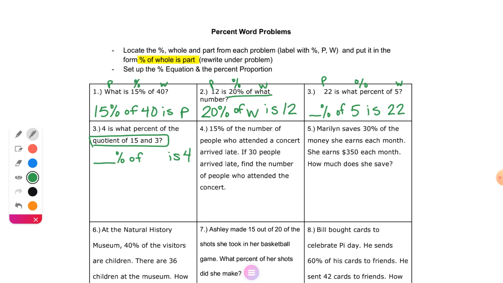Couple different things we can have here. Leah, if I said, what's the quotient of 15 and 3? What would you say? What's 15 divided by 3? 5. You could have had percent of 5 is 4. How can I actually write out the quotient of 15 and 3? 3 over 15.